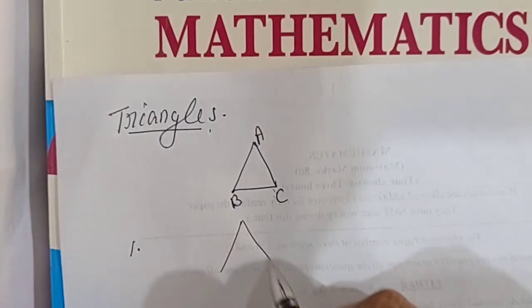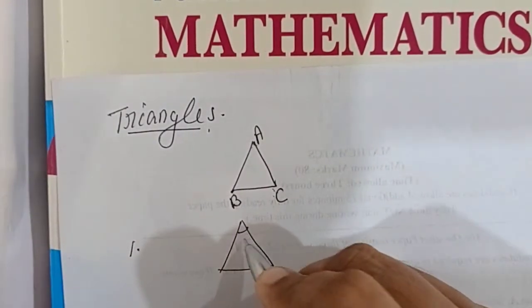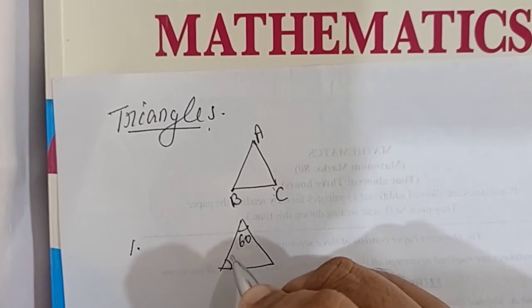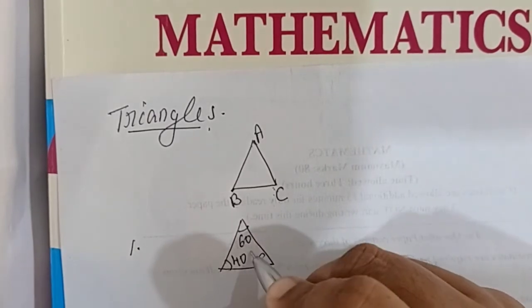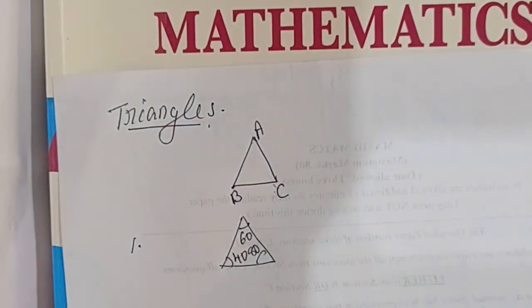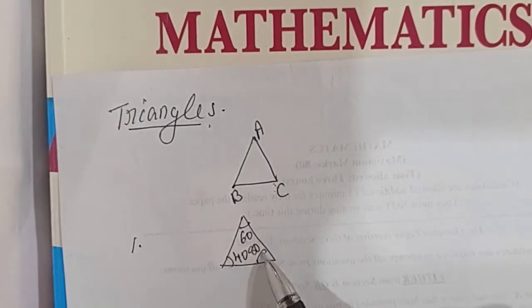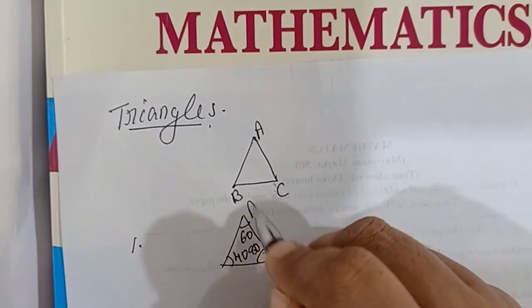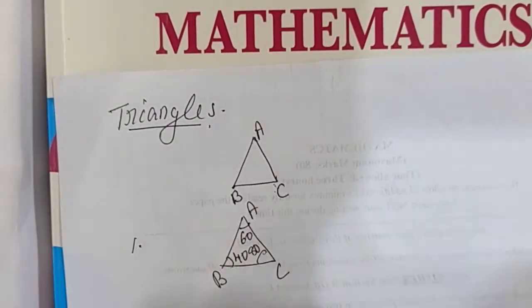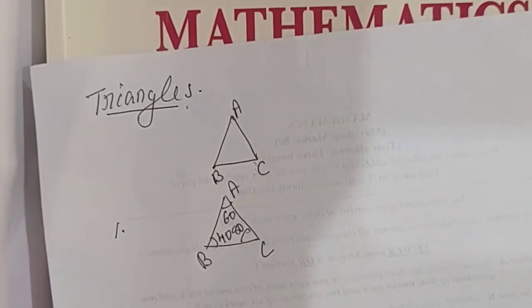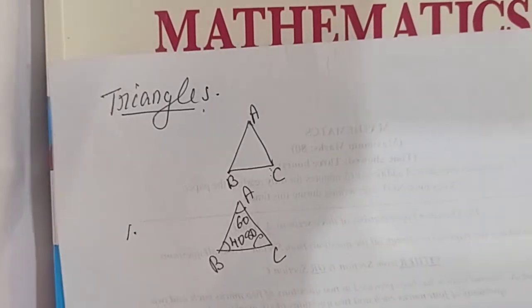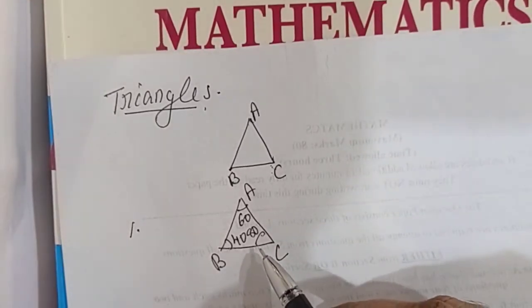Suppose three different angles are given, 60, 40, and 80, and we know that the sum of the angles of a triangle is 180. Here three different angles are there, and if you measure the sides ABC, can you say which is the longest side?